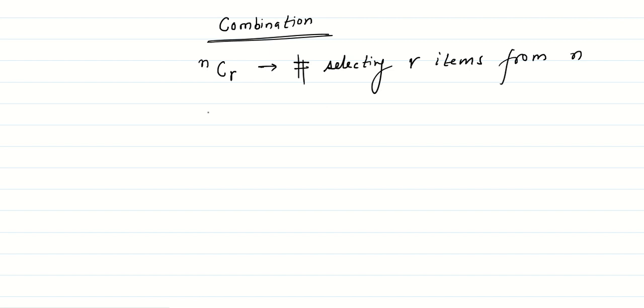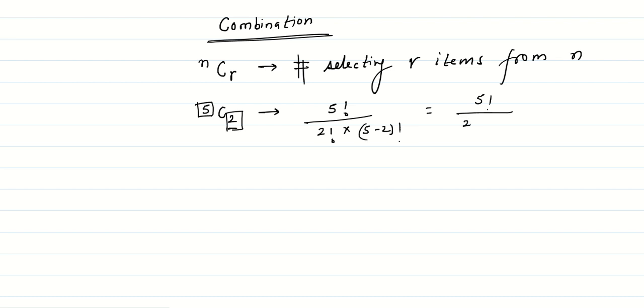Make sense? So let's say we have 5C2. Selecting two members out of five members. How do we write it? 5 factorial divided by 2 factorial into (5 minus 2) factorial. So I'll get 5 factorial divided by 2 factorial into 3 factorial.